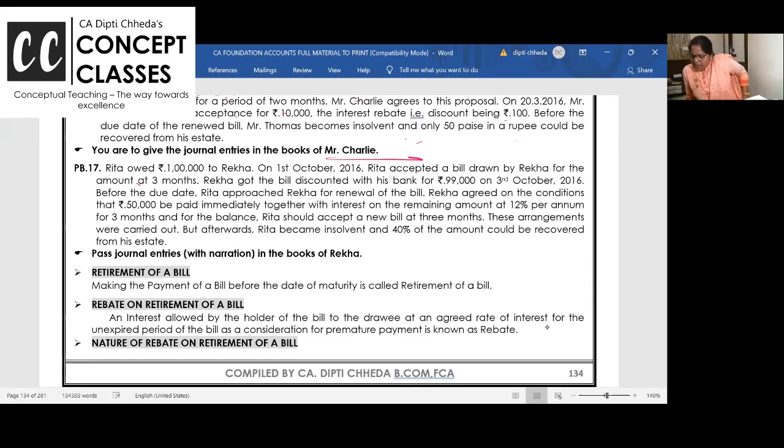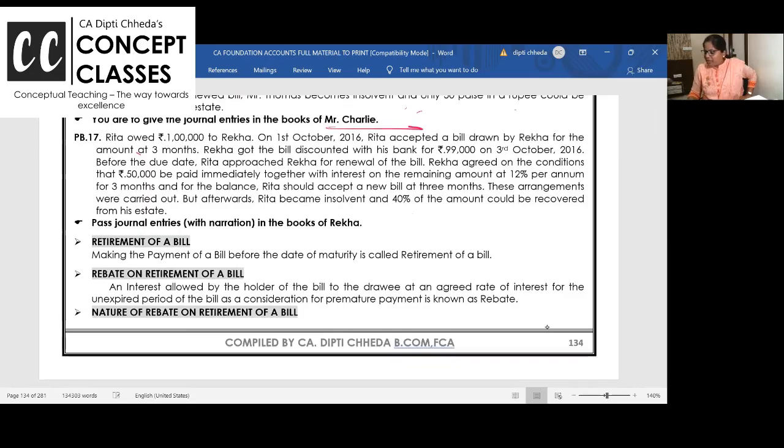Okay. Rekha agreed on the condition 50,000 immediately pay karo. Now see, interest के साथ 50 दे दो. Balance of the bill only bill will be renewed. Rita should accept a new bill. These arrangements were carried out, but afterwards Rita became insolvent and 40% of the amount could be recovered.